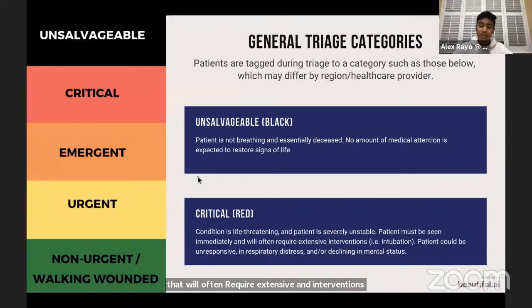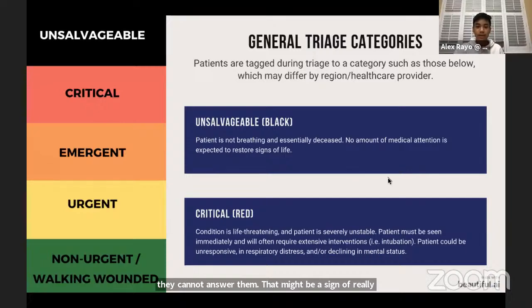Patients tagged in this category could also be unresponsive or in respiratory distress. So their breathing rate might be extremely high, or they might be declining in mental status. So if a triage nurse is asking them very simple questions and they cannot answer them, that might be a sign of a life-threatening condition. So they will be tagged red.